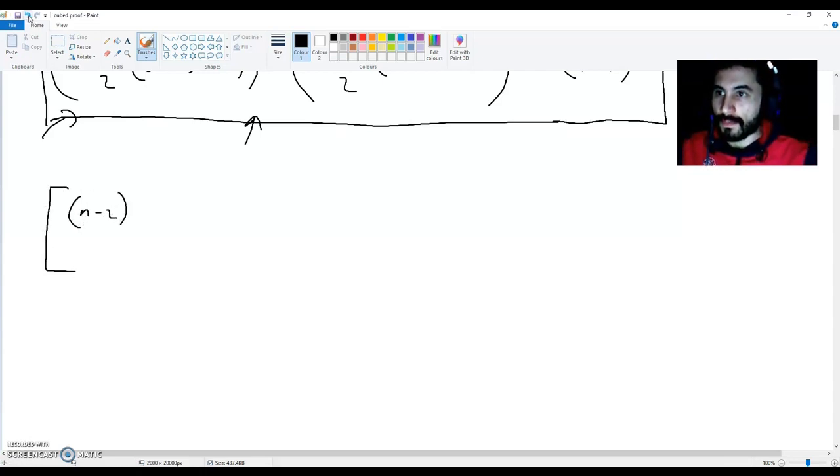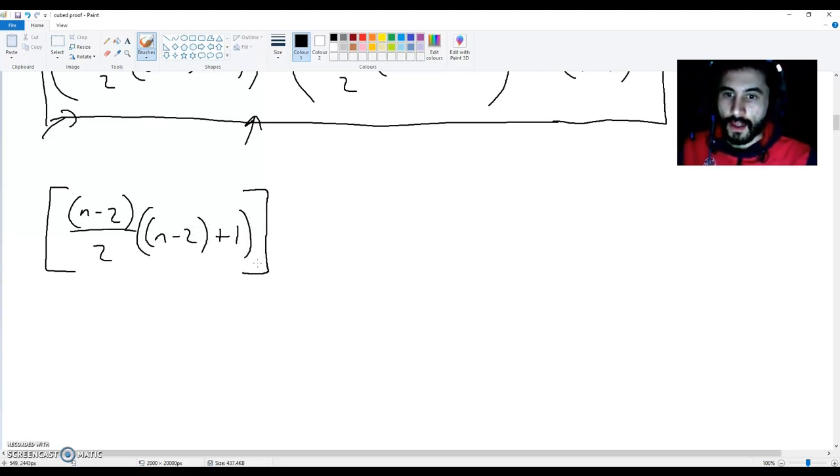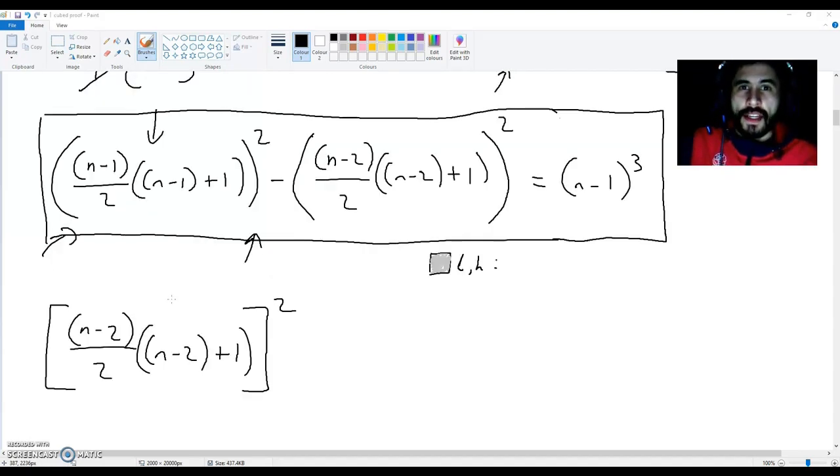(n-2) over 2 multiplied by (n-2 plus 1), squared. Okay, and we are going to be subtracting the grey square from it. To get the area of the grey square, we will need to know its length and also its height.